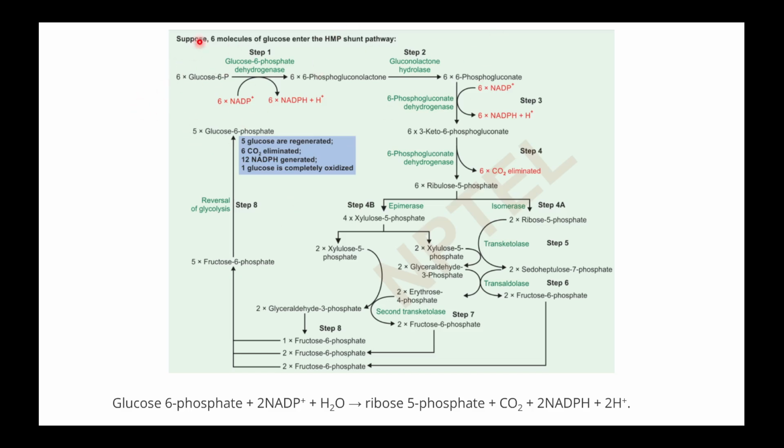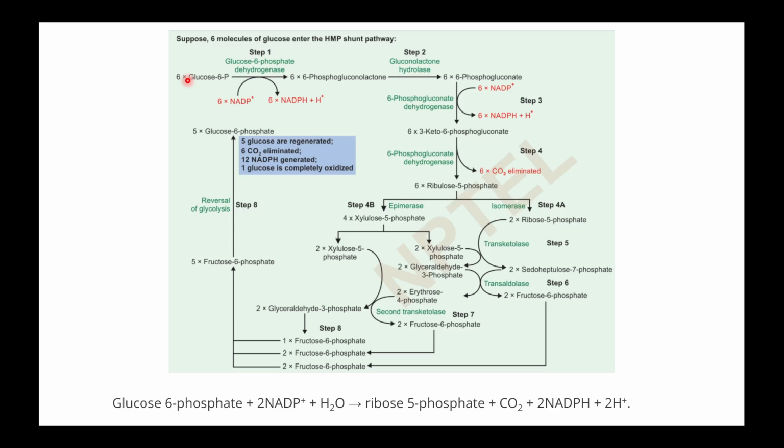So I told you, this is just an example where we have 6 molecules of glucose 6 phosphate, so we are starting the pathway from glucose 6 phosphate. Glucose 6 phosphate gets converted into 6 phosphogluconolactone by glucose 6 phosphate dehydrogenase that we saw in the oxidative step, where we get one molecule of NADPH per molecule of glucose 6 phosphate.